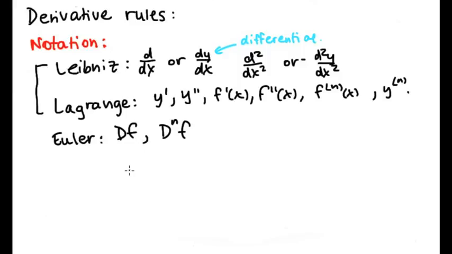Sometimes in Calc 3 classes for multivariable, this df stands for a matrix called the Jacobian matrix. But that's getting ahead of ourselves by a full year of math. It's cool. It's a matrix made up of all the first partial derivatives of a function.